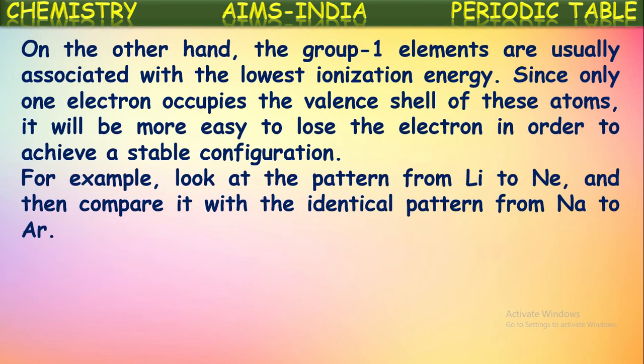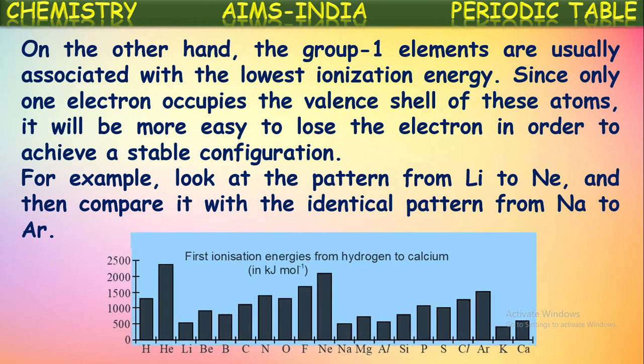For example, look at the pattern from lithium to neon and then compare it with the identical pattern from sodium to argon. See, they have given the trend of ionization energy in the periods. See, first period elements hydrogen and helium. If you see from left, hydrogen to helium, it increased.